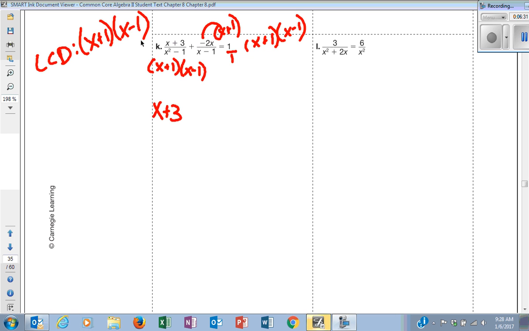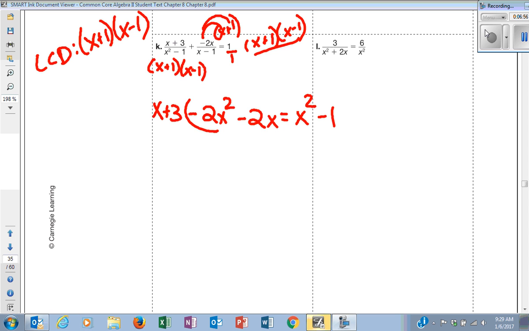Distribute this guy, so it becomes a minus 2x squared. Distribute this guy, you get a minus 2x, and that equals x squared minus 1. I know that's going to turn to x minus that because it's a difference of squares.